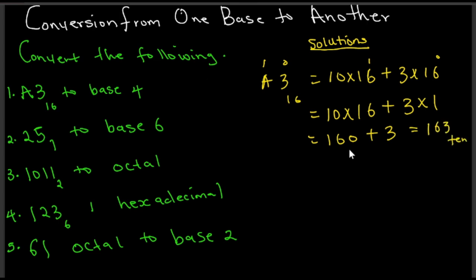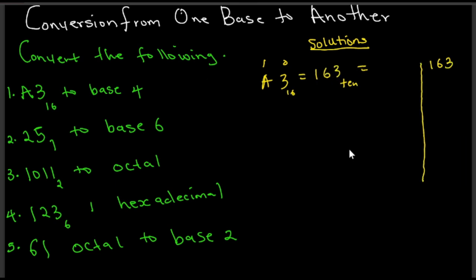Now the next step is to convert this base 10 to base 4. I'll wipe this off so we can use the space. So changing 163 base 10 to base 4, remember that we use the long division method. We divide by the base we're converting to, so we have 4 here. 4 divides 163 forty times, remainder 3. 4 divides 40 ten times, remainder 0. 4 divides 10 two times, remainder 2. 4 divides 2 zero times, remainder 2.